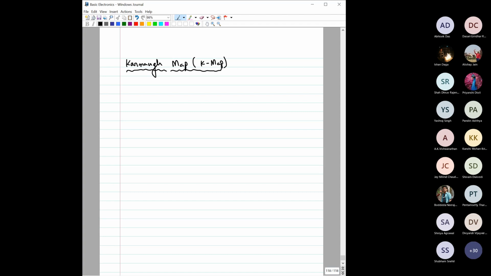In the last to last class, we saw how to minimize a function using Boolean algebra. We are given some function, then we take something common and make the function as small as possible, isn't it?